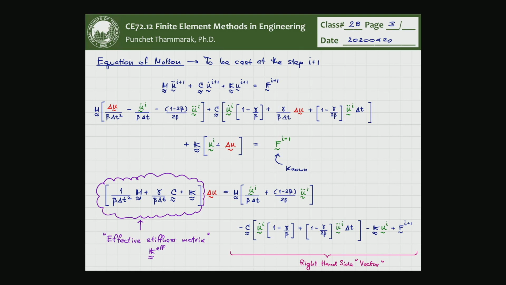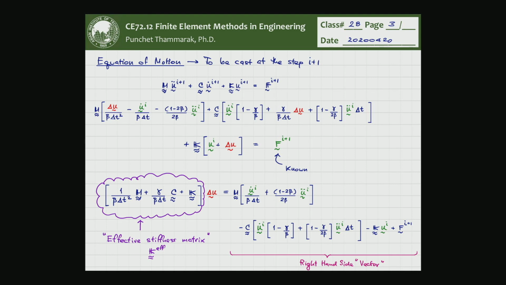The time stepping size is controlled, and we try to limit it to be small, such that some of the assumptions we use to construct this approach hold, which is the constant acceleration approach.